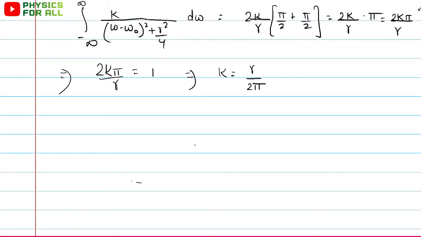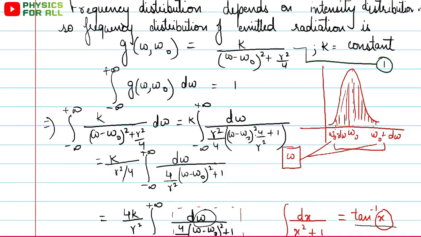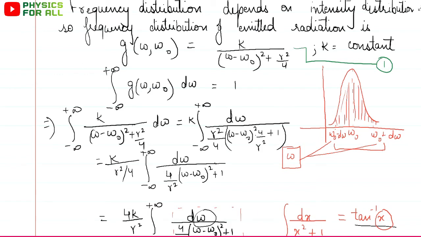If we substitute this in g omega omega naught, our first equation. Now substitute in equation 1. This is our equation 1. We know the value of k. We are going to substitute for k now, because the rest of the quantity will be as it is.